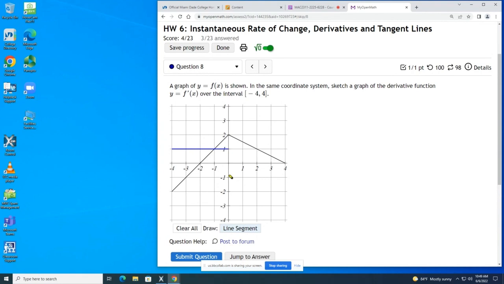And then to the right of 0, what's the slope? -1/2. It's negative because it's going down. It's not rise over run of 1, but you go down 1 and you run 2. So it's -1/2. So here try to approximate more or less what -1/2 is.